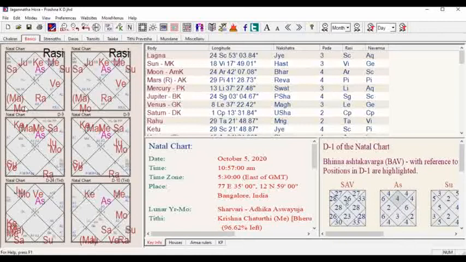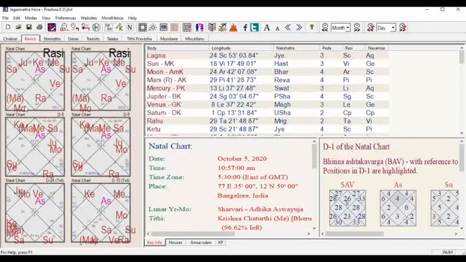I'm asking in a general way. Suppose, let's take an example of Cancer ascendant. In Cancer ascendant, suppose Saturn is in its Mool Trikon sign, Aquarius.